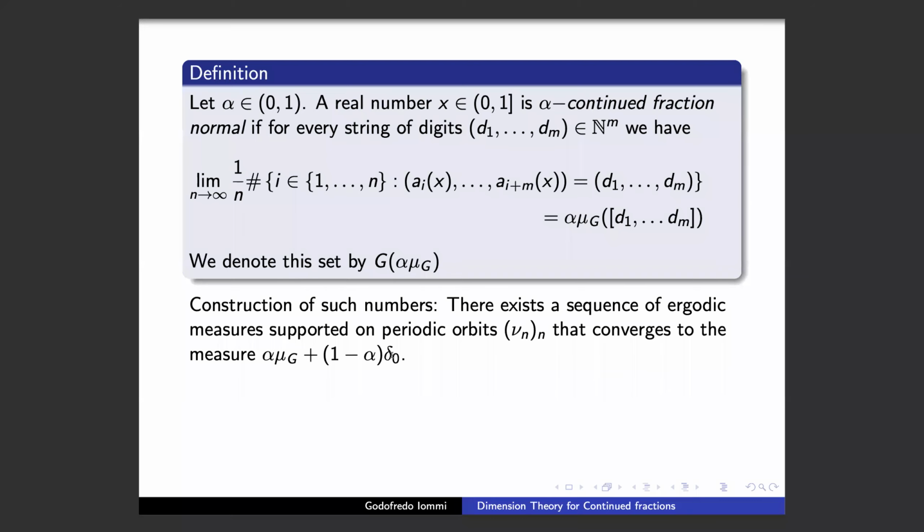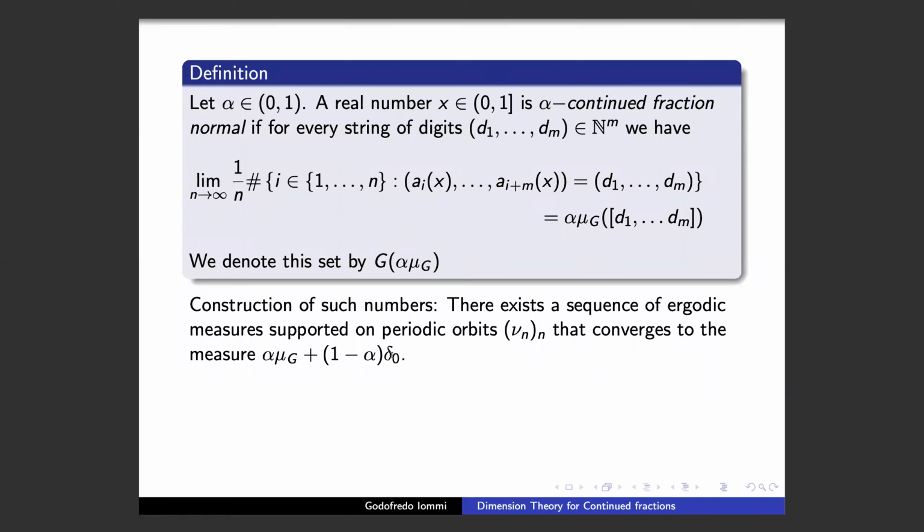The atomic measure at 0 is out of space for us. 0 is not part of our dynamics. So basically what I'm saying here is that the sequence of periodic orbits somehow loses 1 minus alpha of the total mass. That escapes out of the system, and what remains converges to alpha mu G.